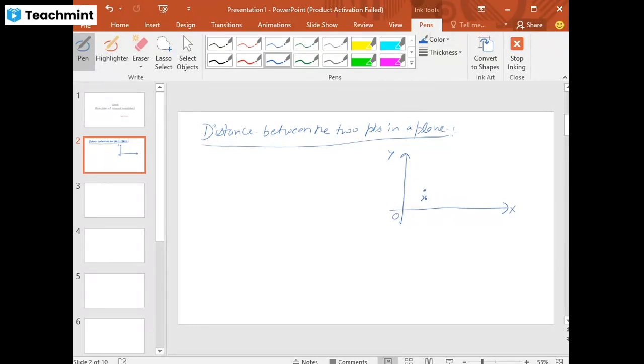So this is a point x1, y1, and say this is our point x2, y2. I want to find the distance between the two points, say AB.